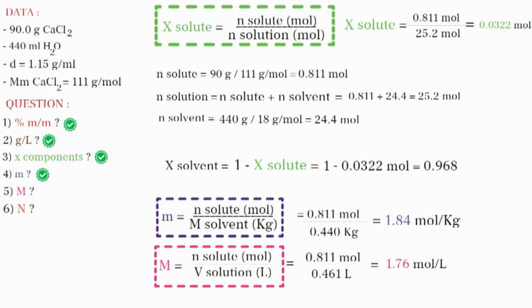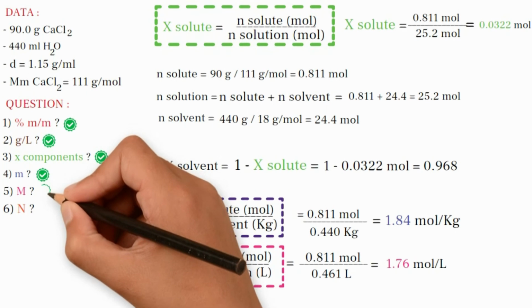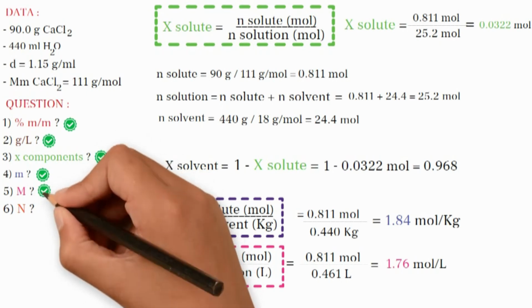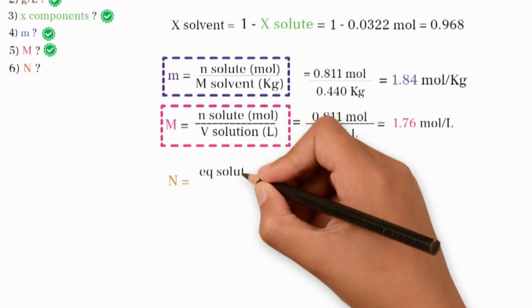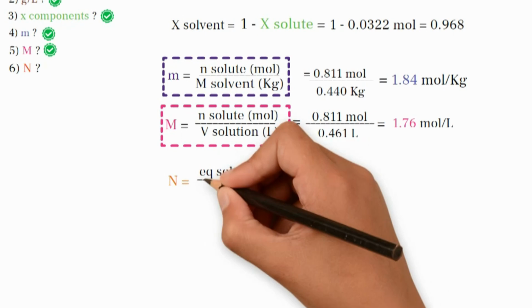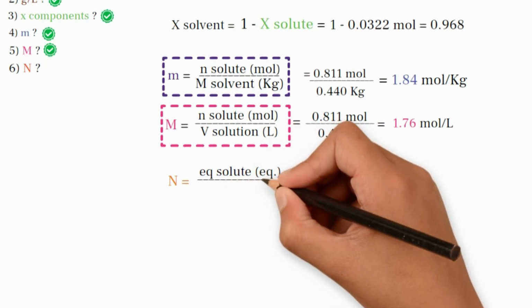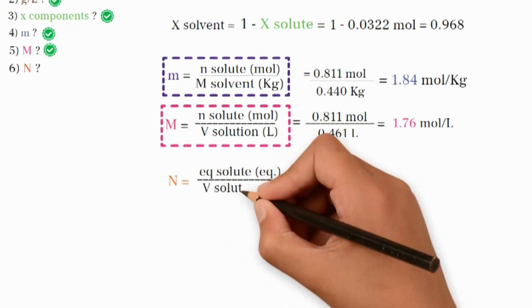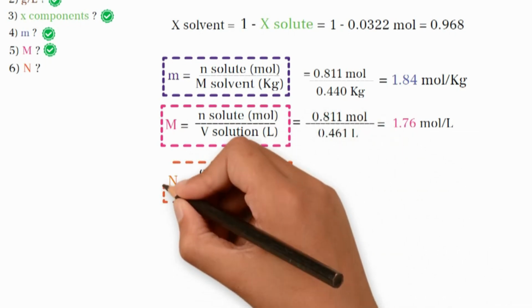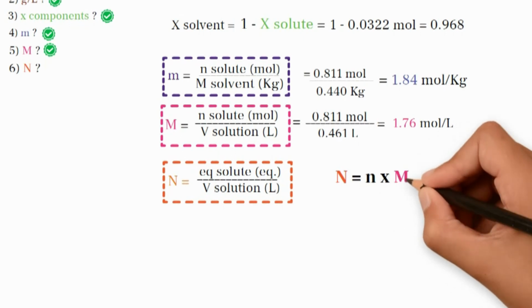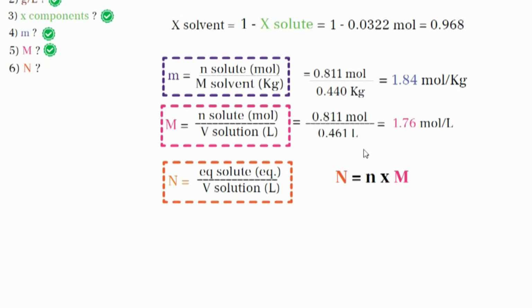But now let's go to the last one. This is done. Last one, normality. Normality is equivalents of solute divided by volume of solution. Let's frame that. Normality is linked to molarity by this equation, n times molarity.